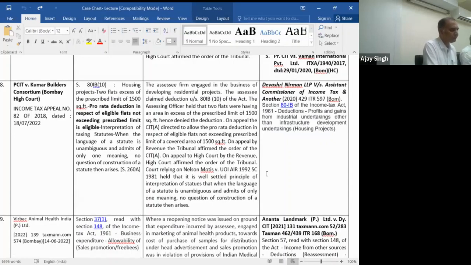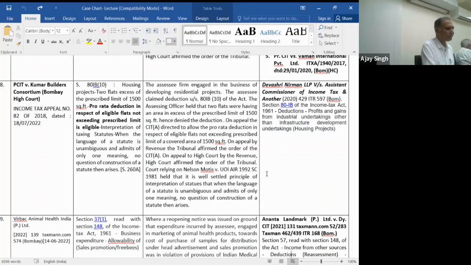Sir, one conceptual question. In many cases, what has happened is that the department, after the CIT appeal gives some relief, does not go to the ITAT. But after the ITAT, they go to the High Court saying that the assessing officer's order should be restored.